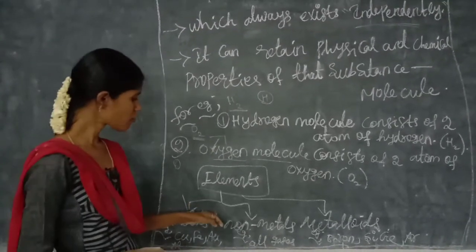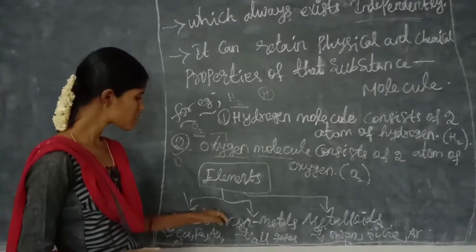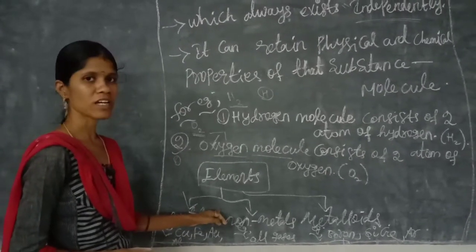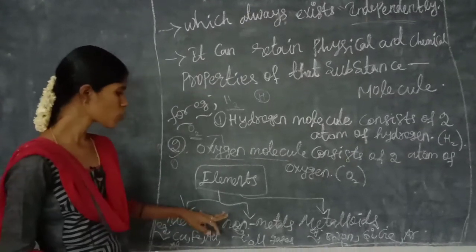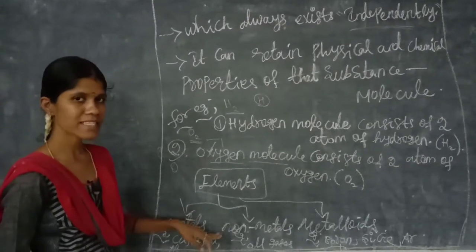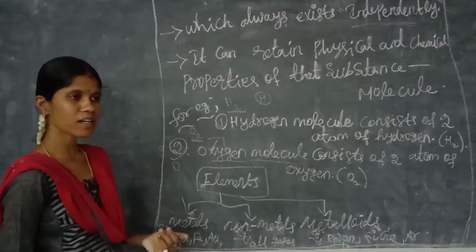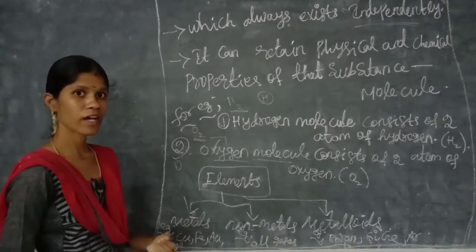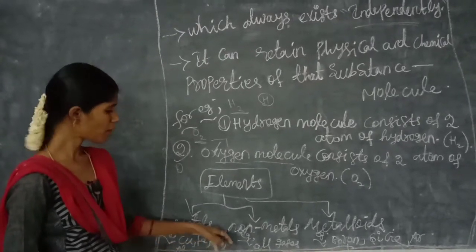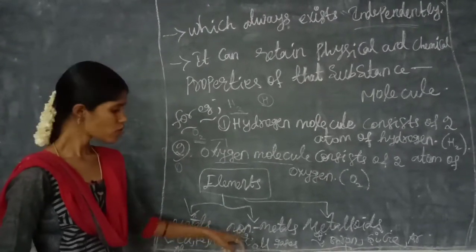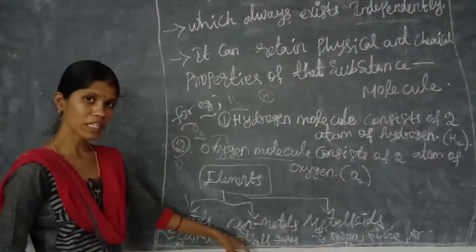Non-metals are very soft and not shiny. Examples of non-metals are all gases, like carbon, sulfur, oxygen, and methane.